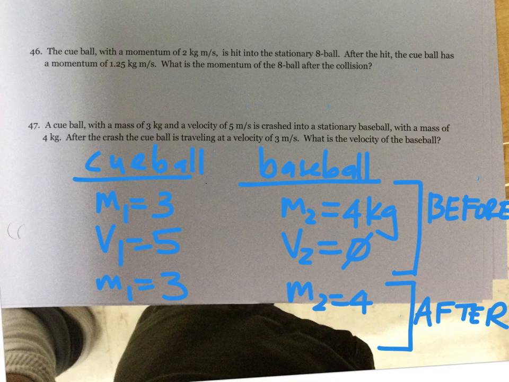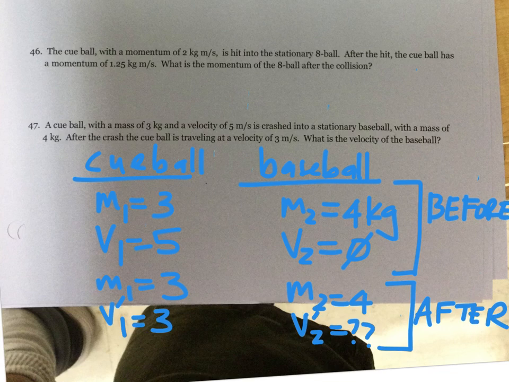And the velocity of the cue ball after the crash is 3 meters per second, and we're trying to find the velocity of the baseball after the crash. So here we're going to be using m1 v1 plus m2 v2 equaling m1 v1 prime plus m2 v2 prime. These are both prime because they're after the crash.